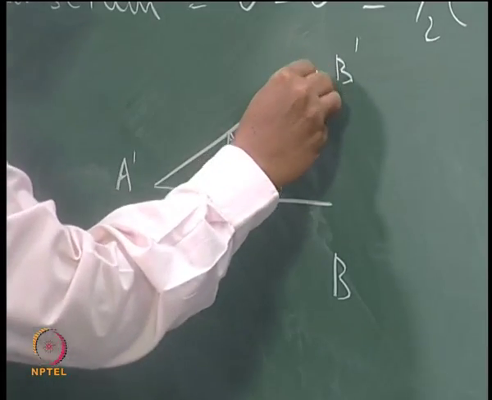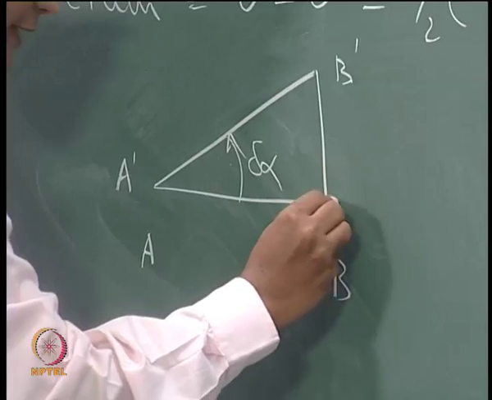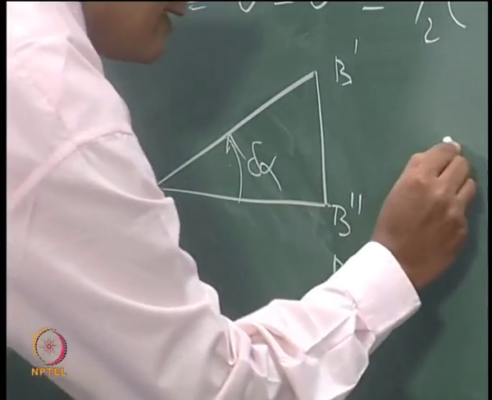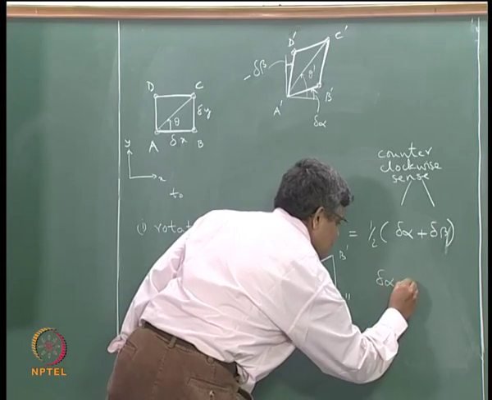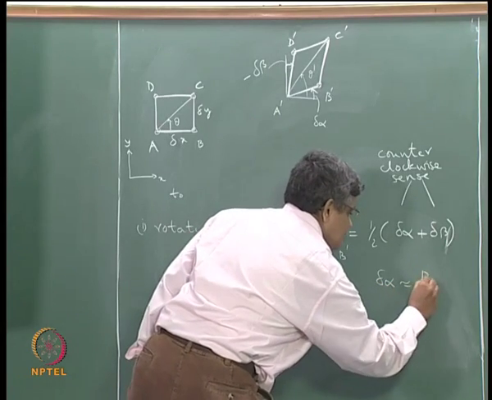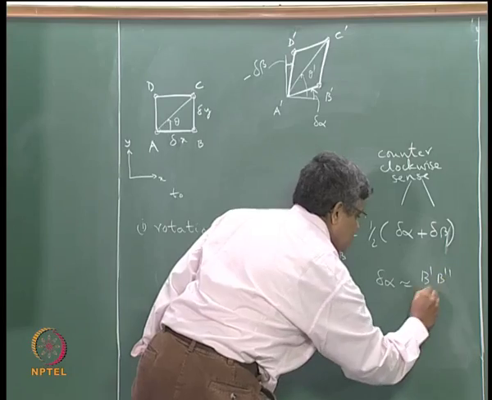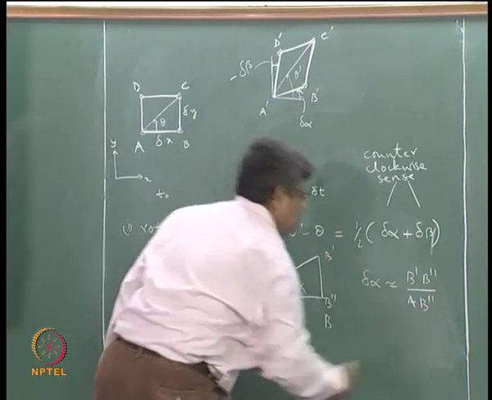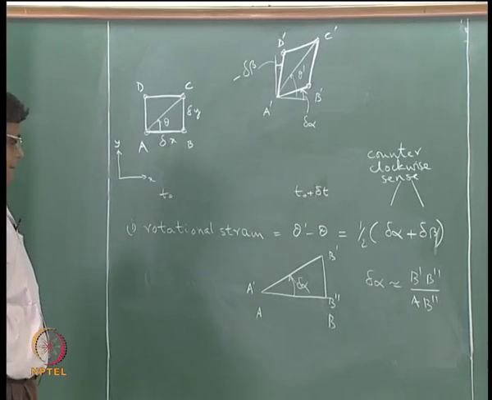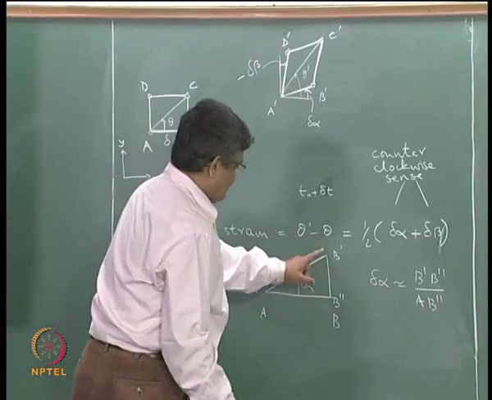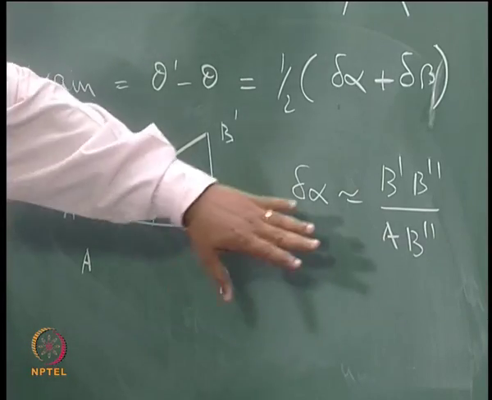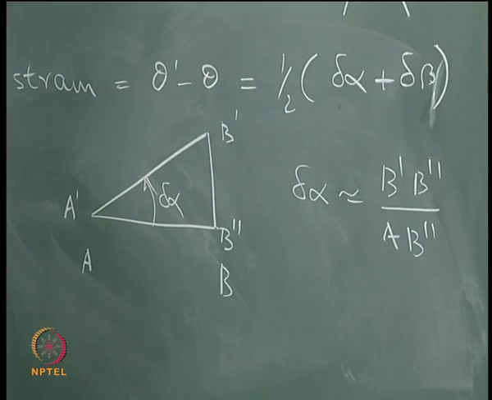So if we draw a perpendicular here and call this B double prime, then delta alpha is roughly equal to B prime B double prime divided by A B double prime. That is this distance divided by this distance, AB double prime, given roughly by this.